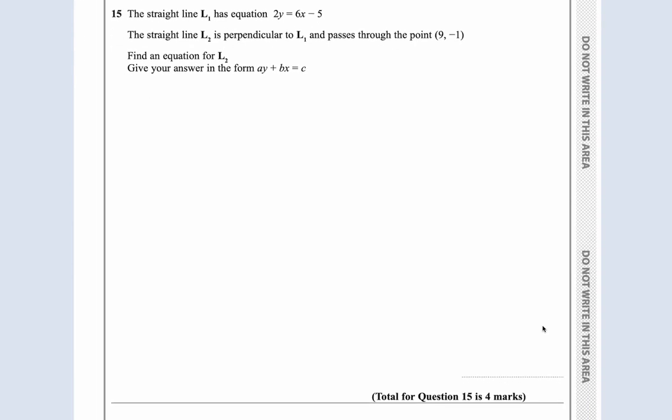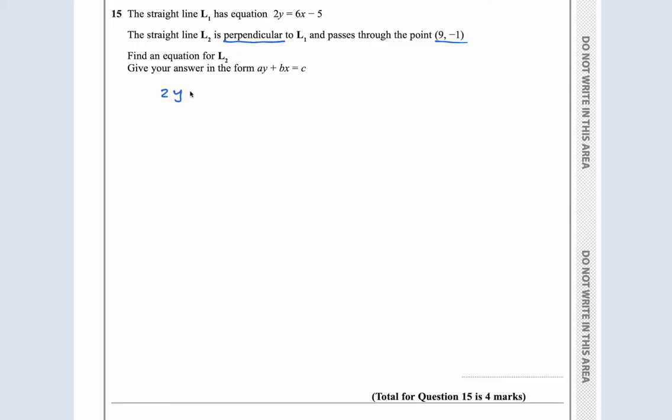Question 15. The straight line L1 has this equation. Straight line L2 is perpendicular, right? So let's underline this, guys. Perpendicular to L1 and passes through this point. Find an equation for L2 in this form. Okay, firstly, what is the gradient of L1?